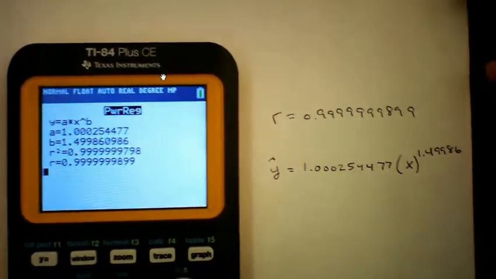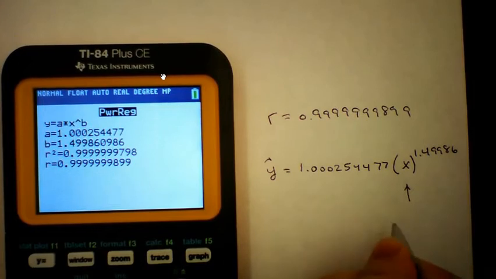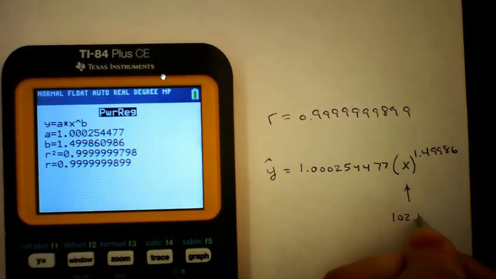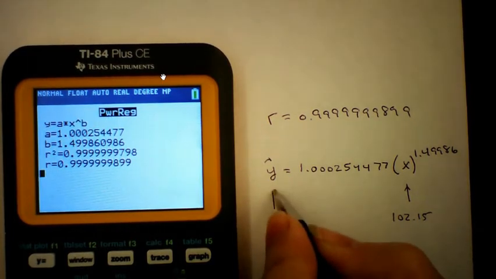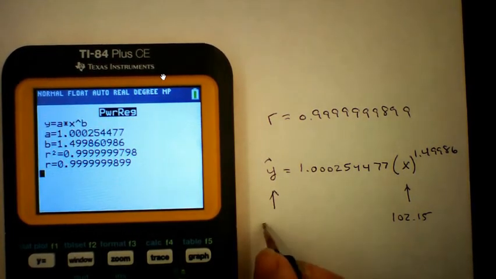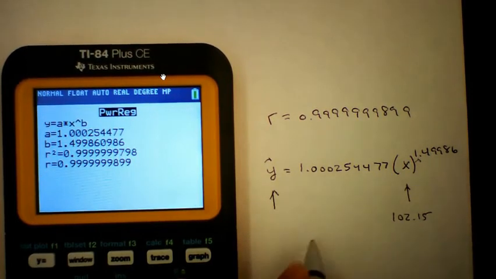And then if I were to put into this model in this format the 102.15, that's the AU units for this new potential planet, then my output, when I punch this in correctly, raising it to this right there, I would get 1,032 Earth years as my answer.